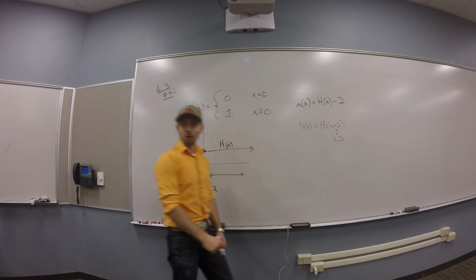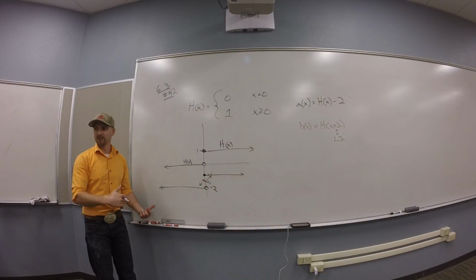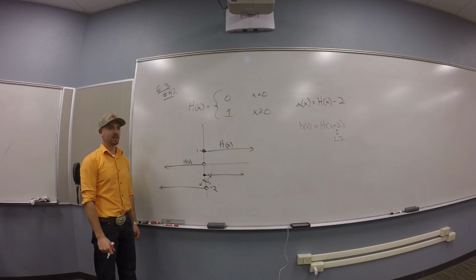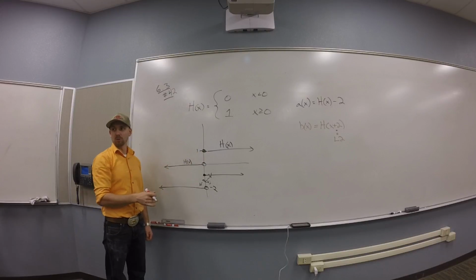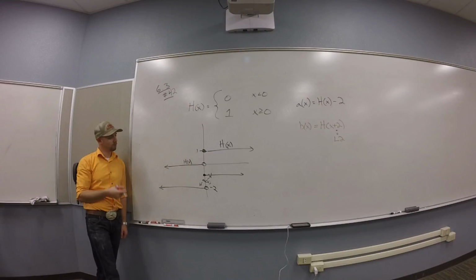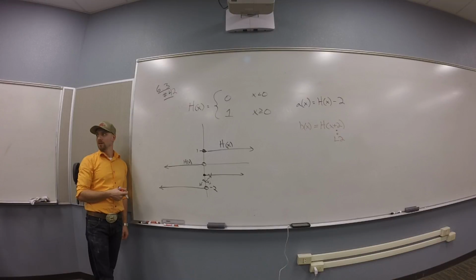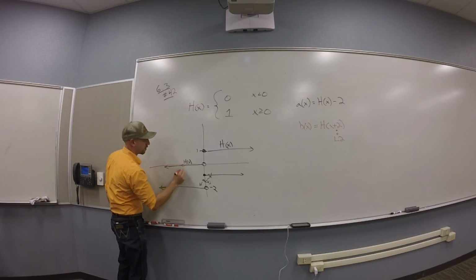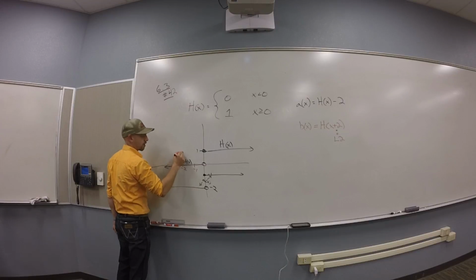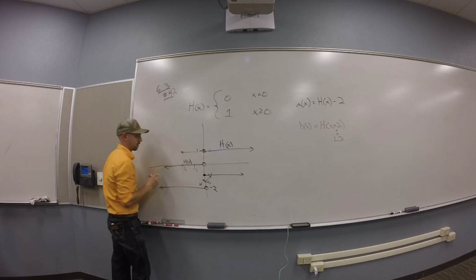That's adding before the rule, so it goes left, backwards of what you would think. So I need to take this whole picture and shift it left 2 units, which means my jump is going to now happen where? Good. The jump happens at negative 2 instead of at 0. So up here till I get to negative 2, jump.